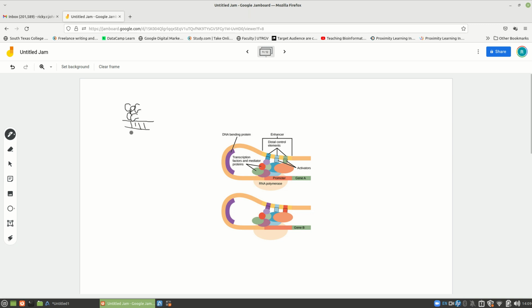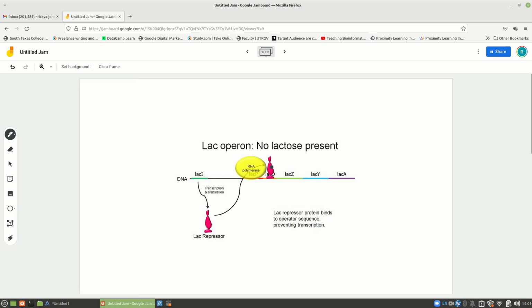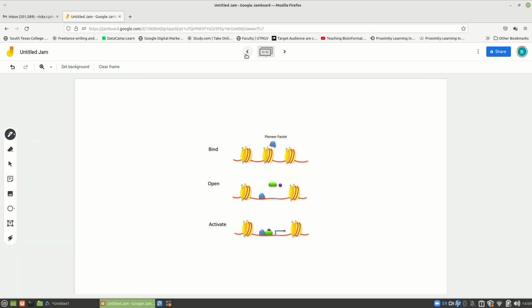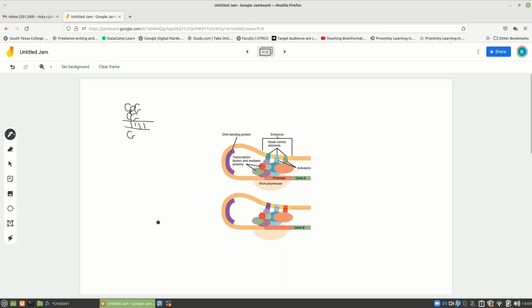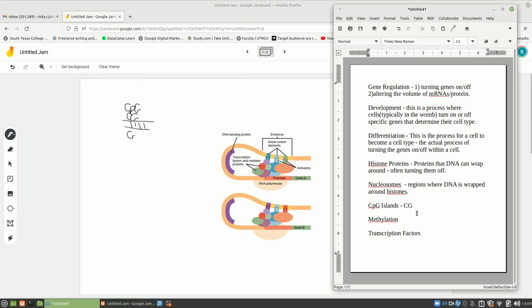But I could, of course, have a G over here, because C's the other side. That's a hydrogen bond, so that is not a CPG. The CPG is just representing that it's a C and a G on the same strand.